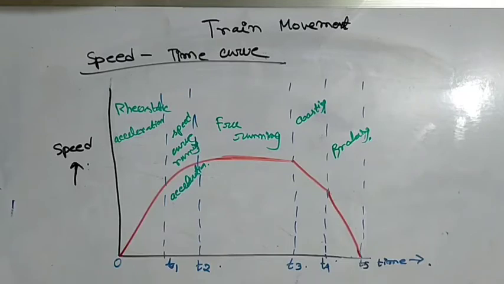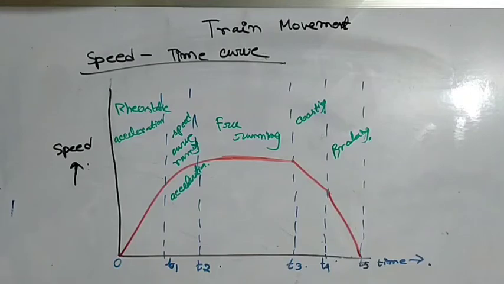Therefore, high values of acceleration and retardation are maintained with a short period of coasting in order to obtain reasonable saving on energy consumption. An acceleration of 4 km per hour per second and retardation of about 6 km per hour per second is recommended.